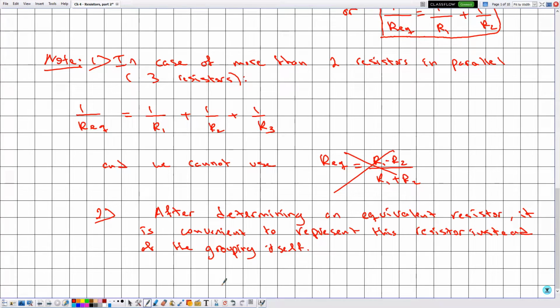So whenever we calculate an equivalent resistor, we need to sketch the equivalent resistor.